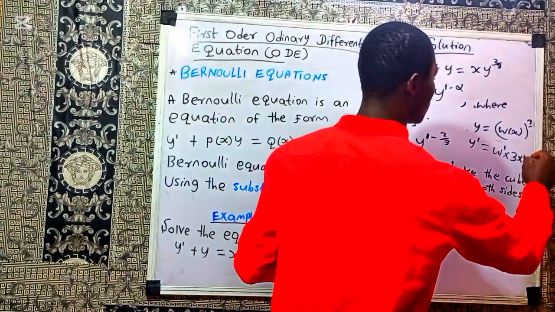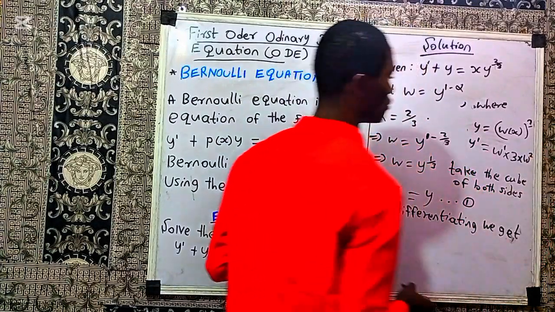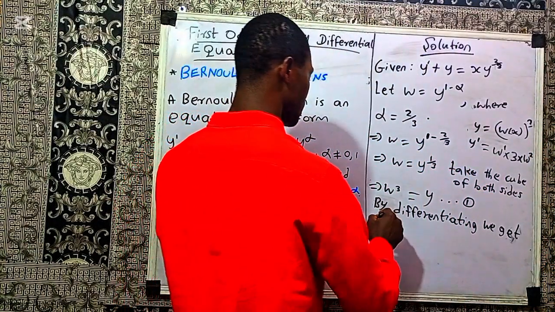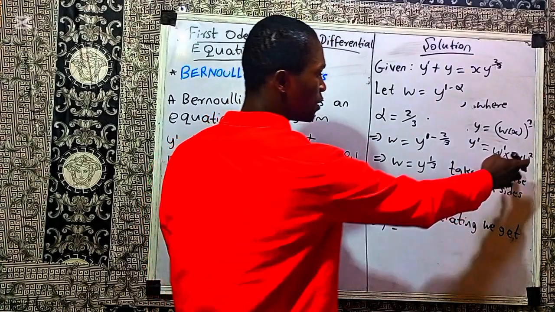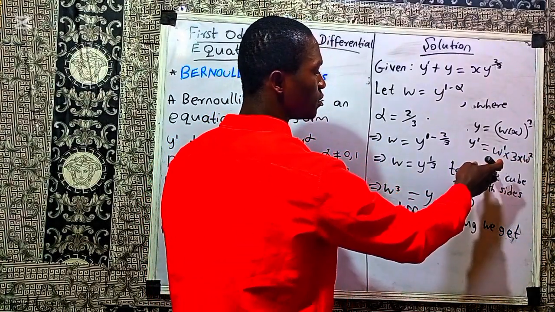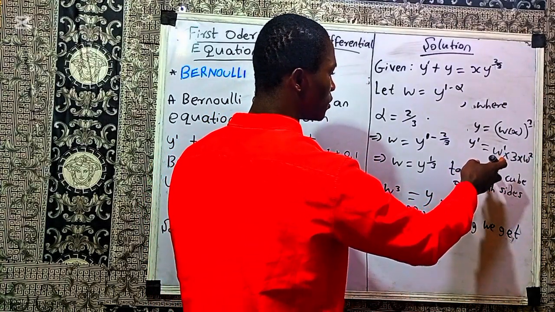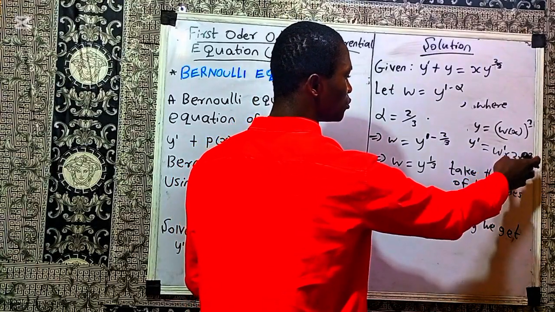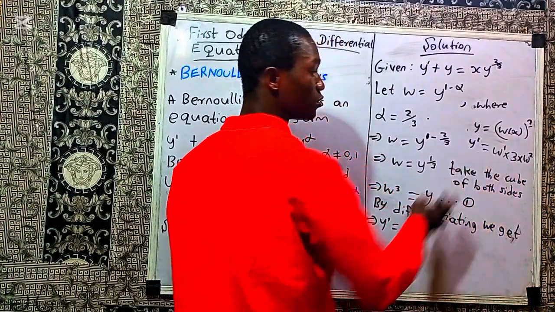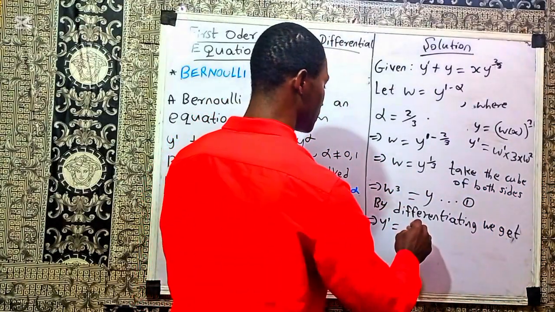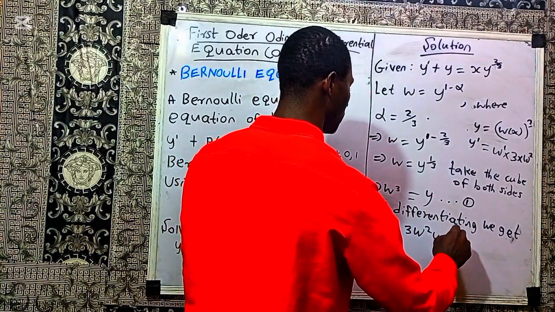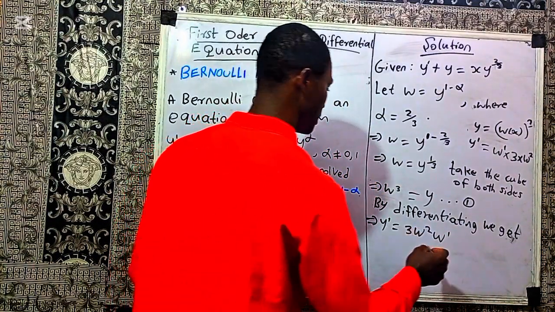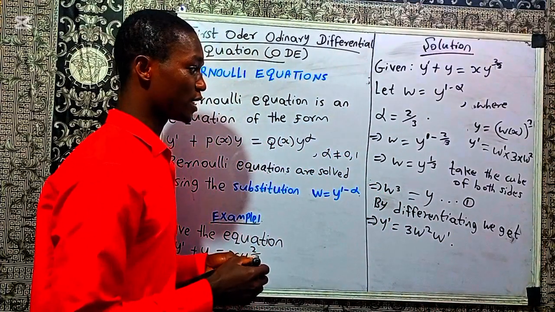So you'll have w raised to power 2. So y prime is equal to 3w raised to power 2 w prime. So this is the derivative.